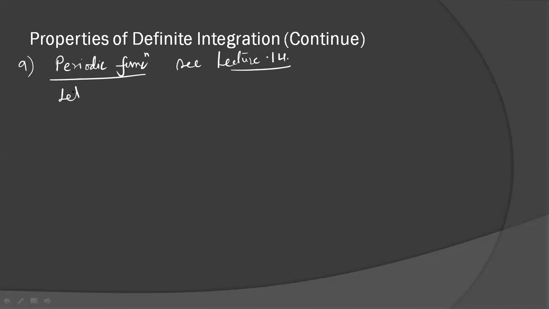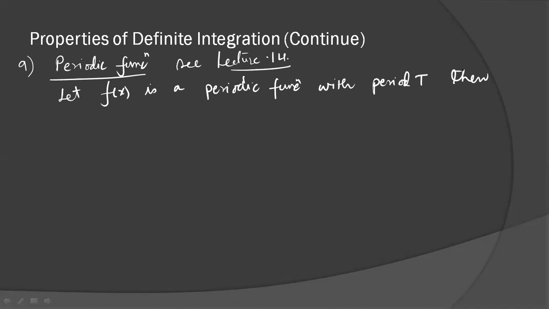So let f(x) be a periodic function with period T. Then we know that f(x) is equal to f(x + T), where T is the least positive real number.